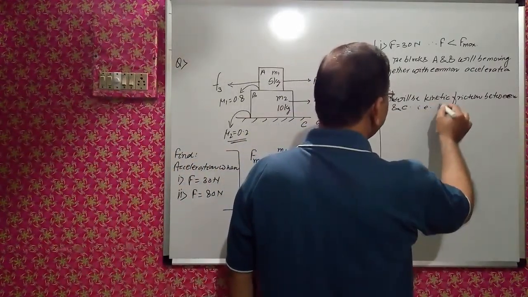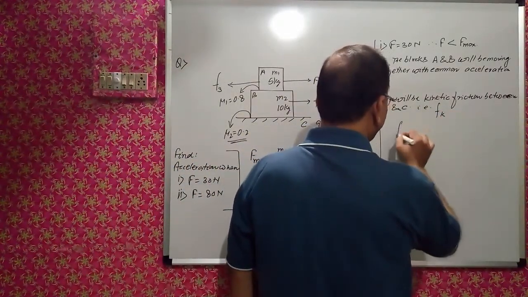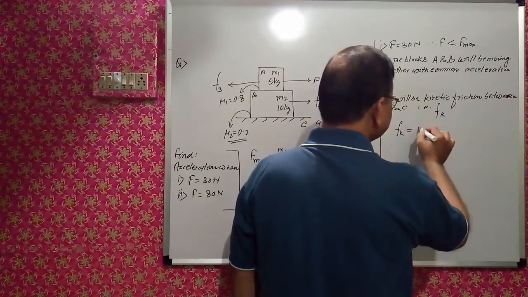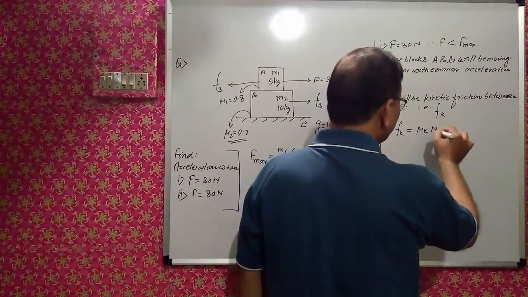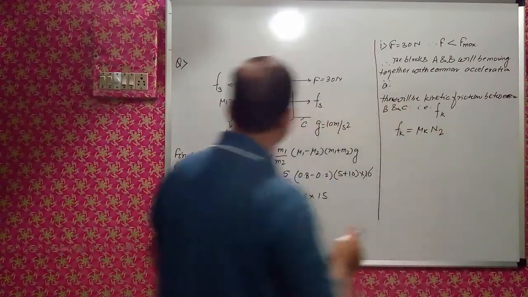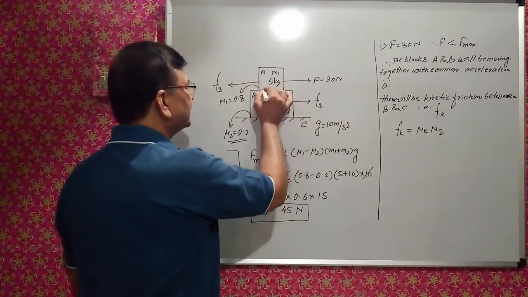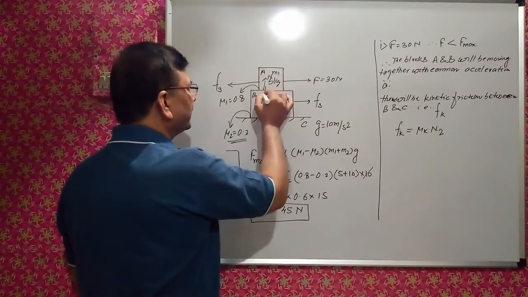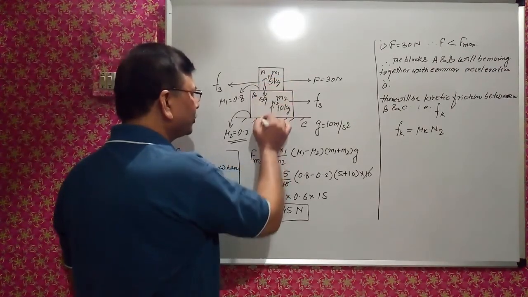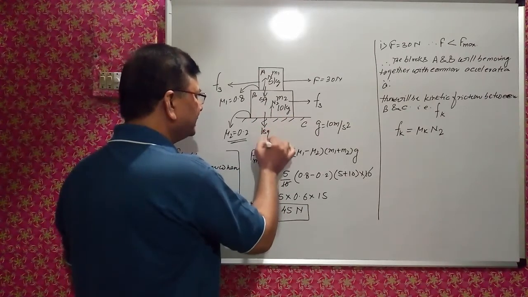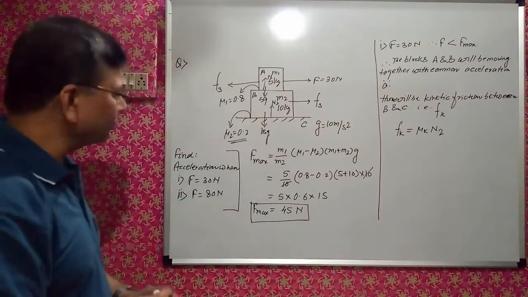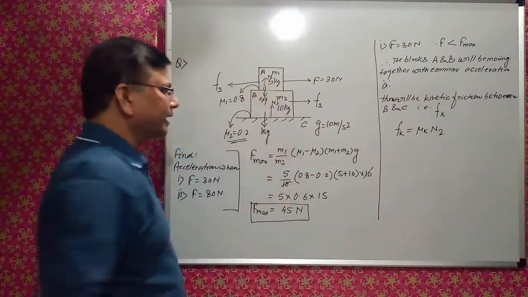That is Fk. So Fk is mu k into N2 in this case. Suppose this is N2 and this is N1. Here 5g is acting downward, here it is 15g, weight of that acting downward, and N2 is acting upward.